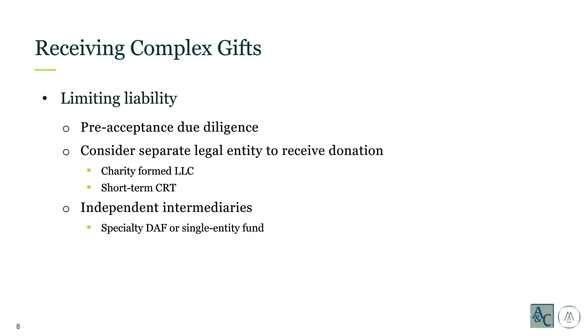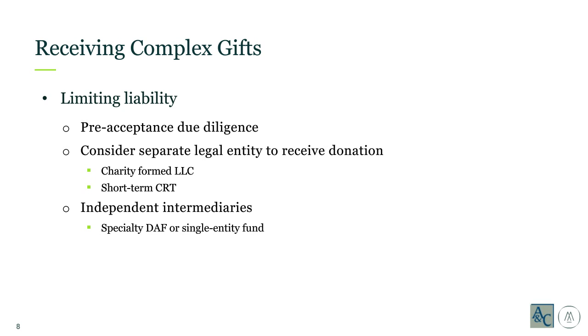These are usually set up long term for the life of the donor, for example, but you can also set up a very short term, maybe 2 or 3 years trust, just long enough to be confident that the asset will sell. So the donor transfers the asset to the trust.